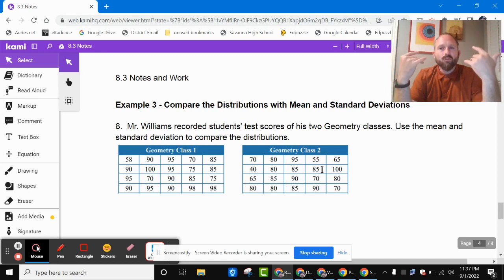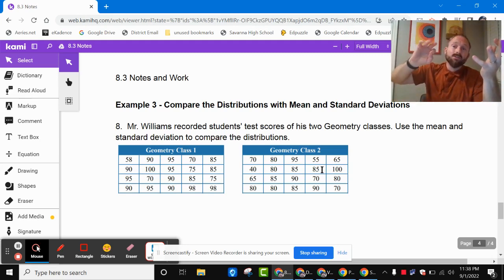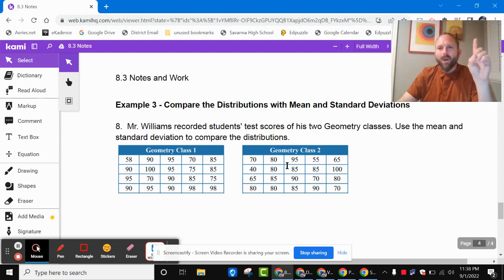So rather than show you that I'm going to type each one of these out, I'm just going to put the data into Desmos on my own time, and then I'll copy and paste the results. And then we can write some sentences on it. So we'll go to Desmos first. 2, 1.